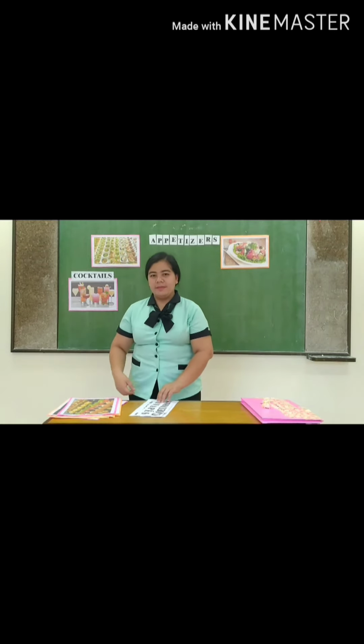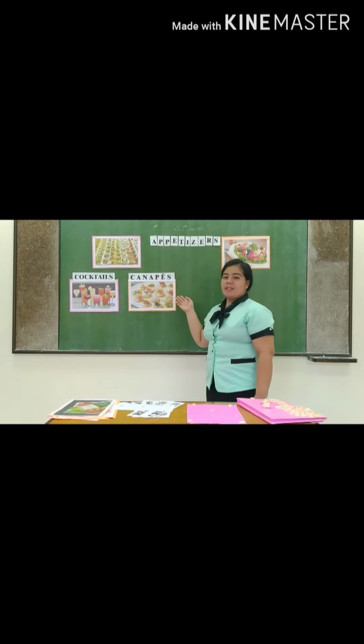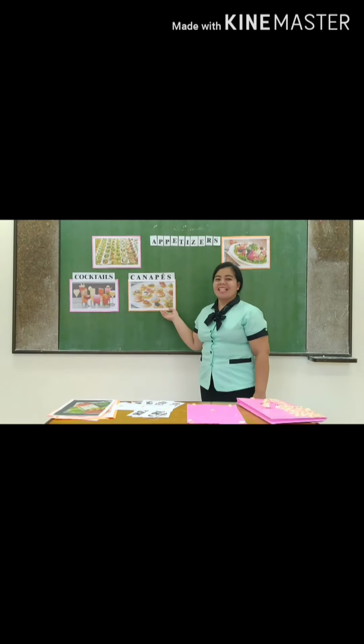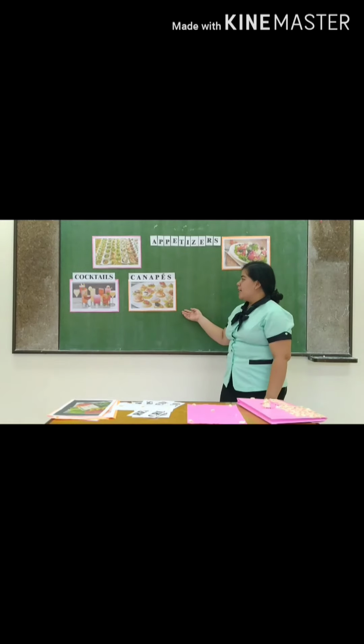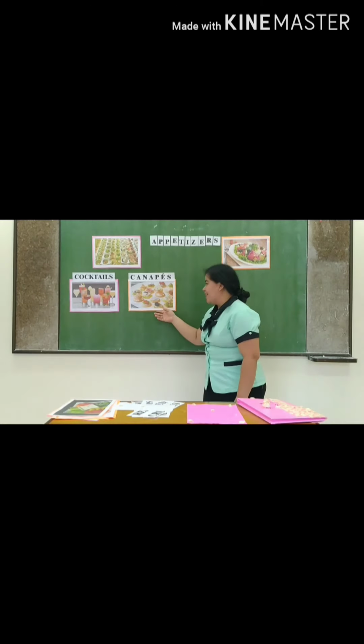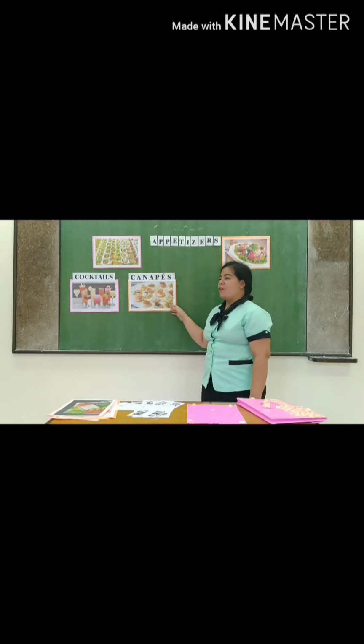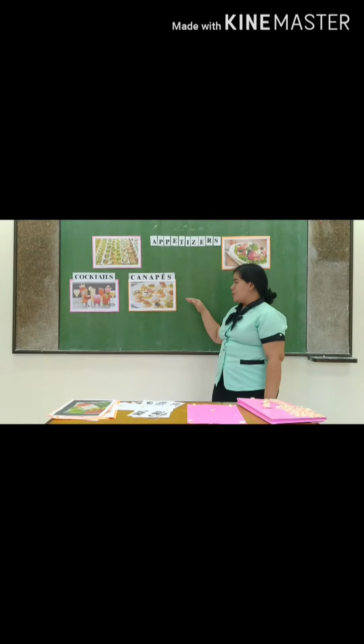the canapé. So the second classification of appetizer is the canapé. As you observe, what are the ingredients? Oh, you're right. The ingredients are biscuits, as you see, vegetables and fruits. So the canapé is composed of 3 parts.